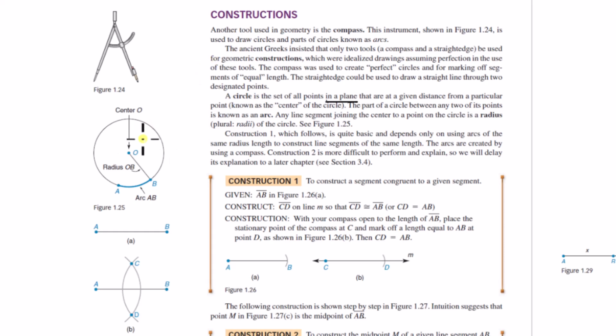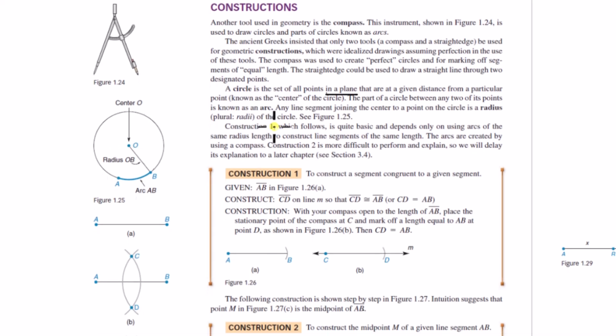I've got to join a point on the circle to the center, and that's known as a radius. The radius is going to have a constant length because by definition of the circle, all of the points are the exact same distance from the center point, and a radius is any line segment that joins a point on the circle to the center, so it's going to be constant by the definition of the circle.